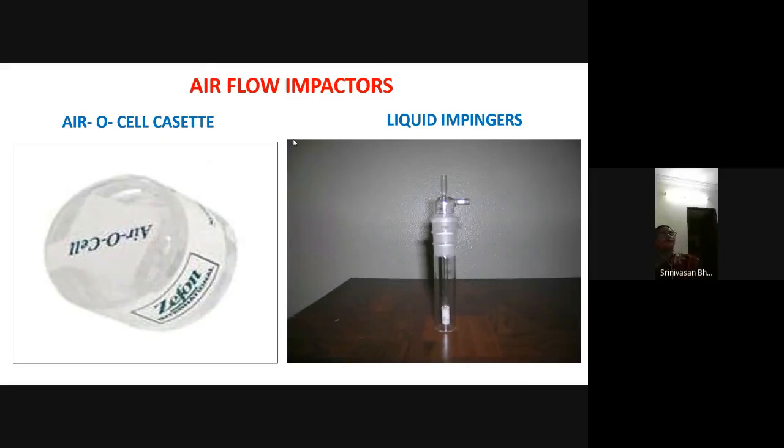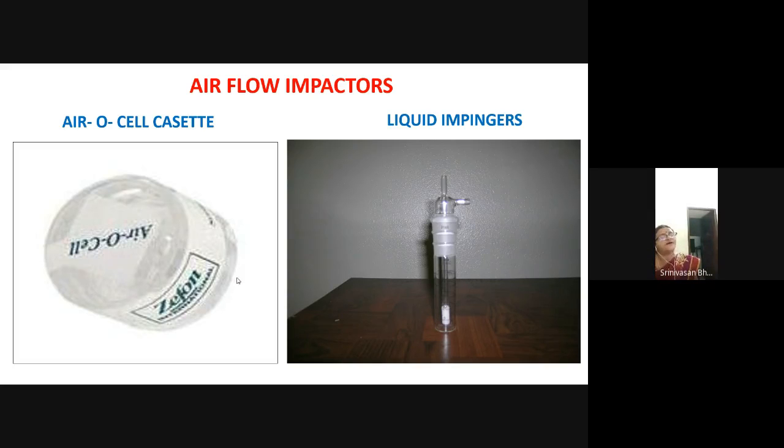Next in the airflow impactors are the aerosol cassettes. This aerosol cassette is made of plastic. It has two cells, and it has an inlet and an outlet. When you strip off the tape covering the inlet, you can see the inlet, which is horizontal, and the collecting surface here is a sticky slide.